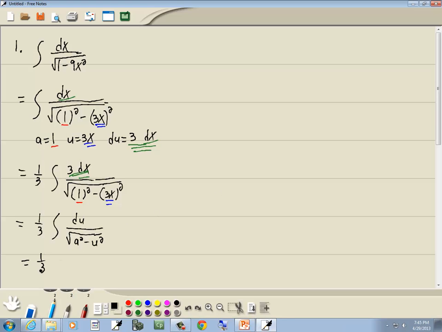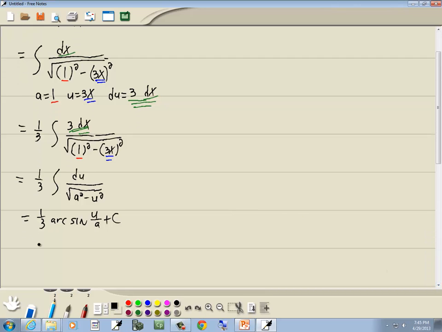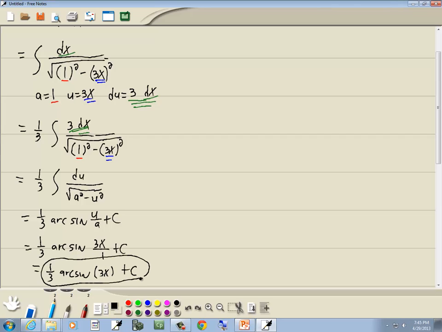So we get 1/3 arcsine of u over a plus c. Well, u was 3x, so plug that back in. Over a, which was 1, plus c, which ends up giving us 1/3 arcsine of 3x plus c. And that's our answer.